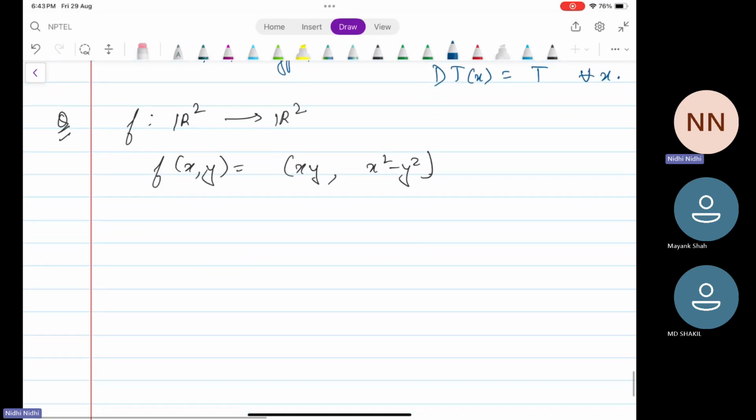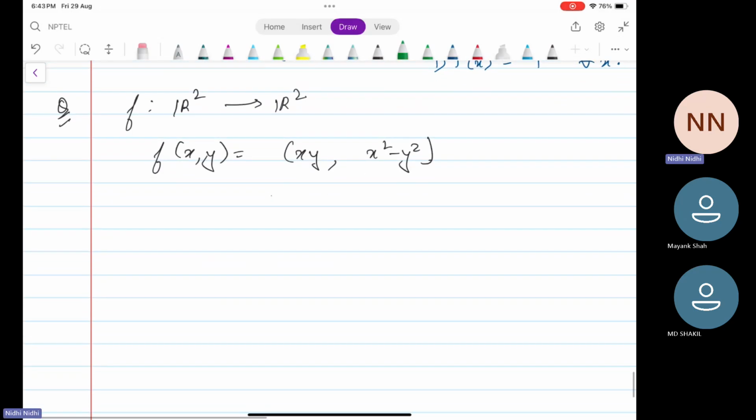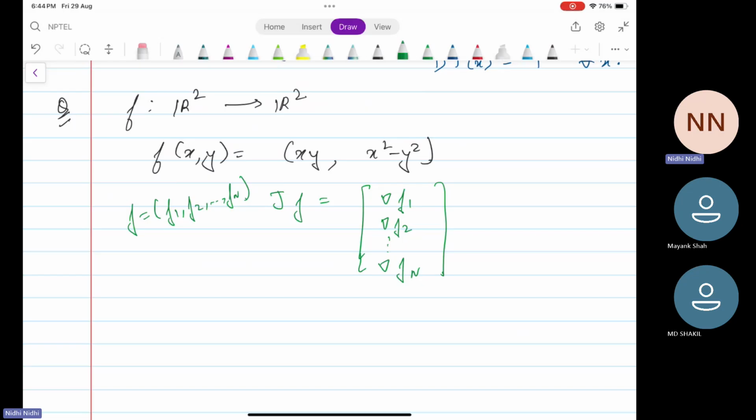So how do we define the Jacobian for some function f? If our f is a vector function of this form, then Jf is given by gradient f1, gradient f2, and so on up to gradient fn. So in this case, can you find the Jacobian?